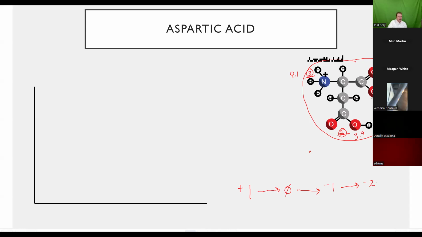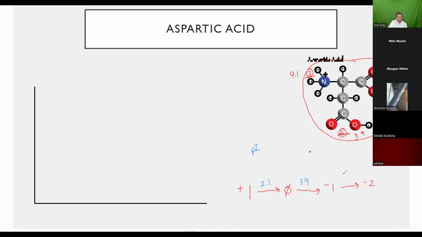Okay. Now, my pKa values that matter for this. Sure, I've got 3 of them, but the ones that really matter to me are going to be 2.1, 3.9, and that's it. Do I care about the 9.1? Do I care about deprotonating the N-termini of my molecule whenever I'm looking for my PI?